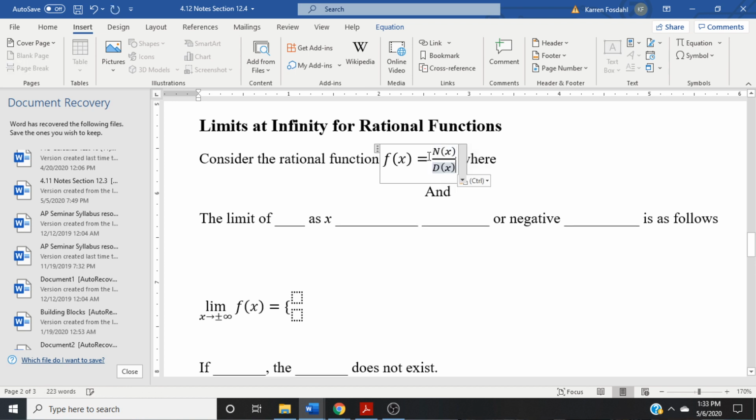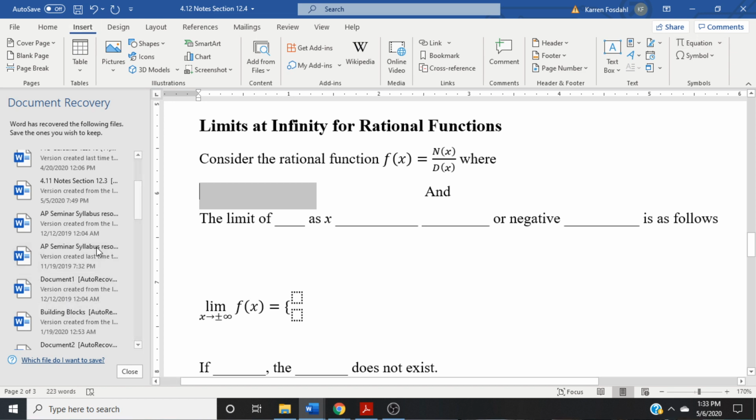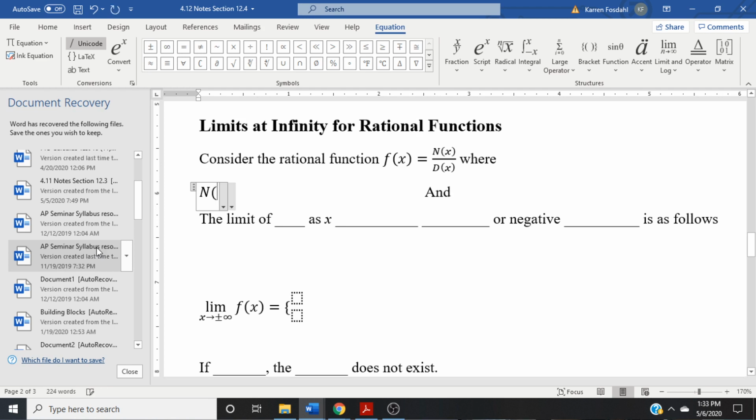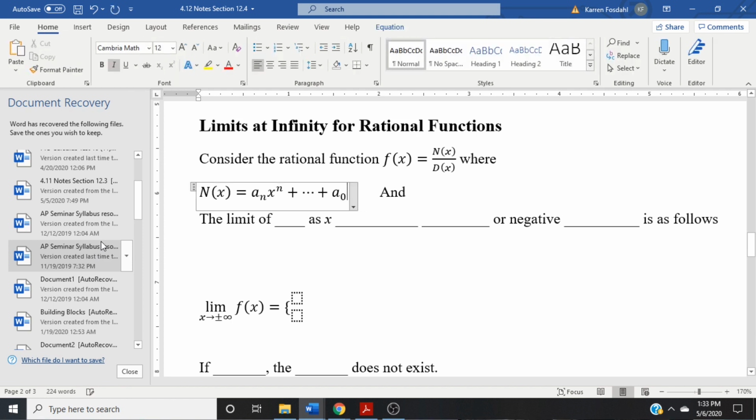Okay, so f of x equals n of x, where n of x equals a sub n times x to the n, plus dot dot dot plus a sub 0.